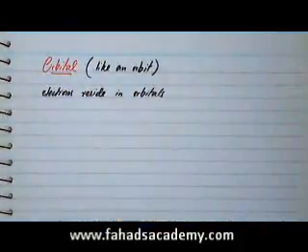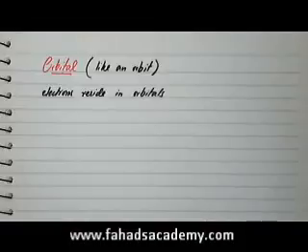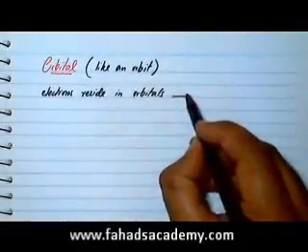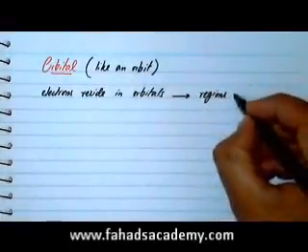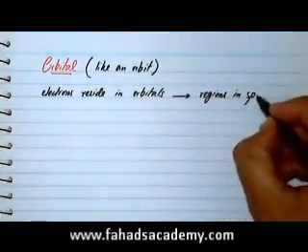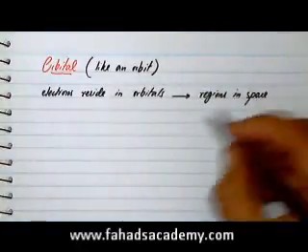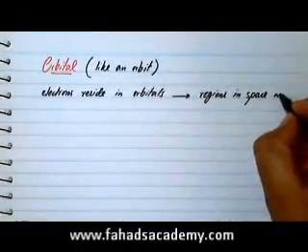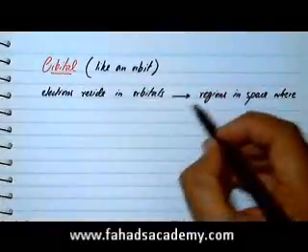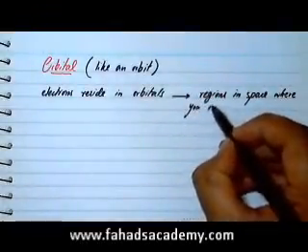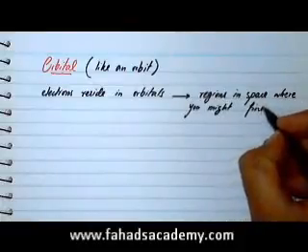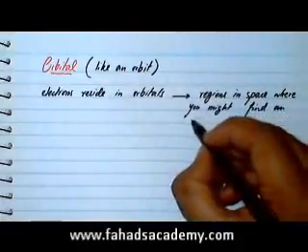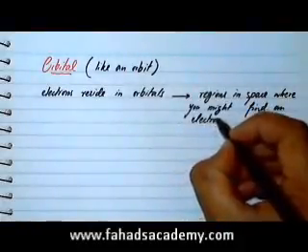So in an atom, electrons reside in orbitals. And what are orbitals? They're basically regions in space where you might find an electron.